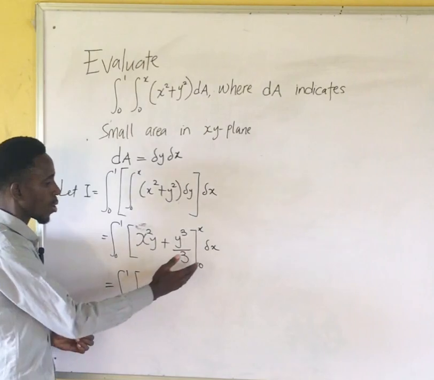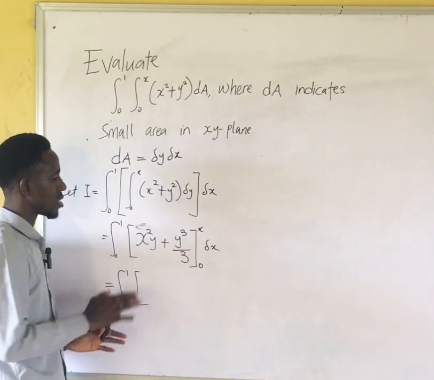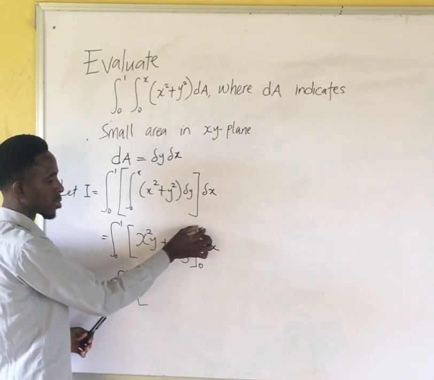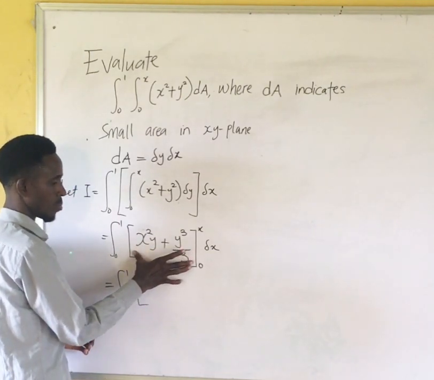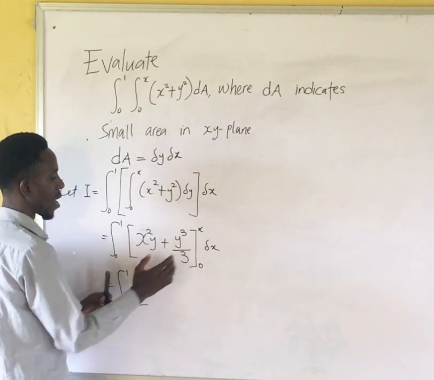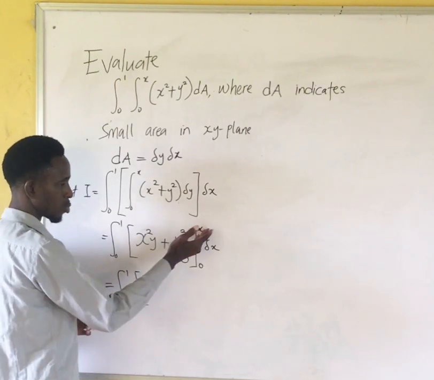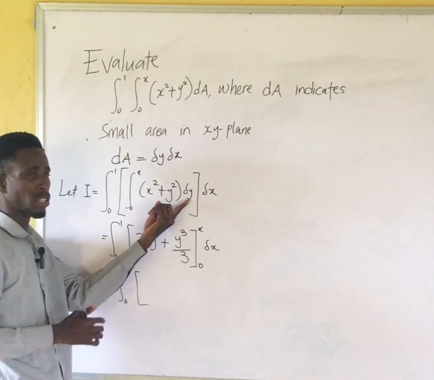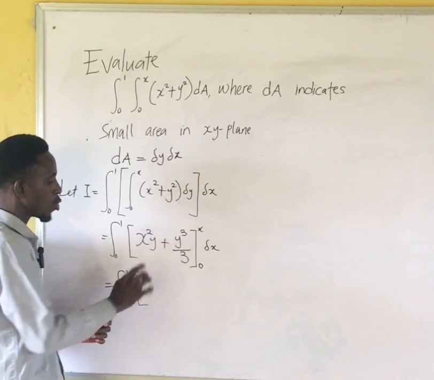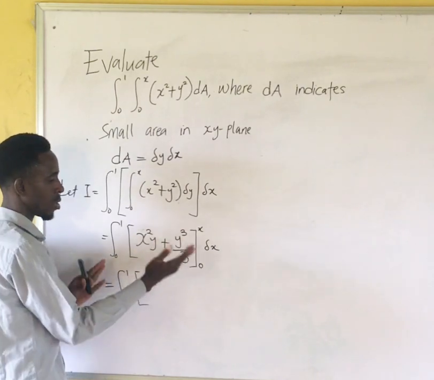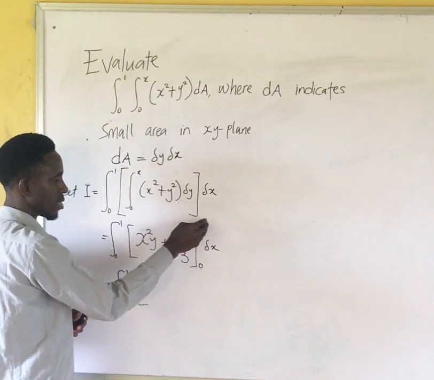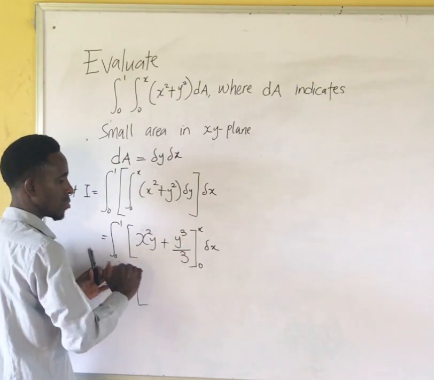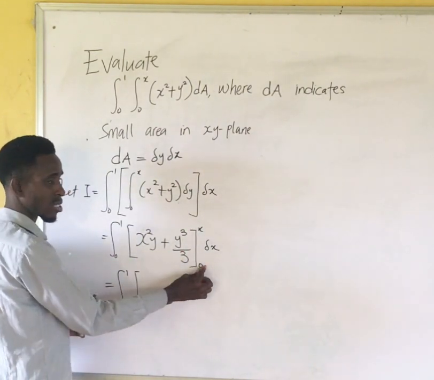So if I input my interval now, look at this carefully. Inputting intervals means I carry my x and put it into this expression. Wherever I see y, I'm going to put x there, because I integrated with respect to y first, so it is y that I'm replacing. I take the higher interval, then subtract the lower interval from it.